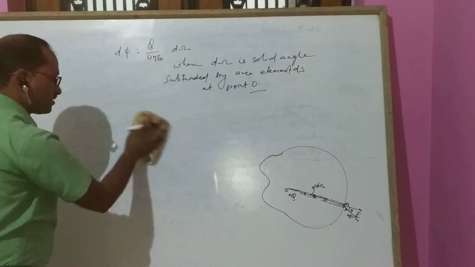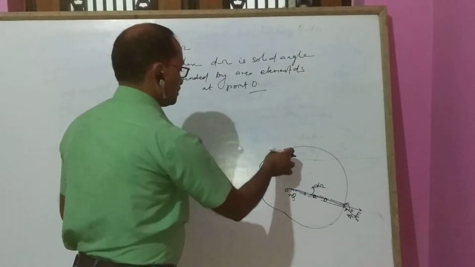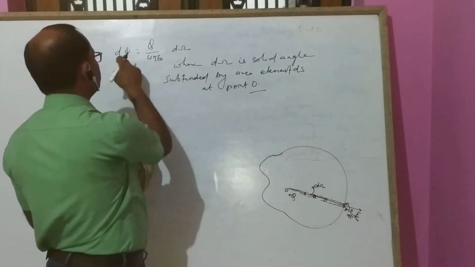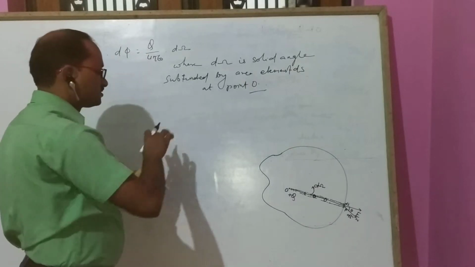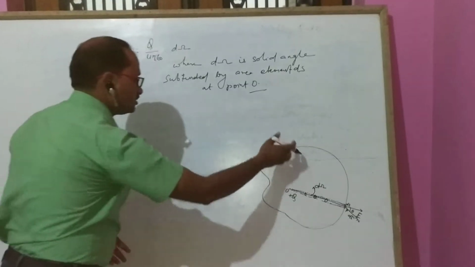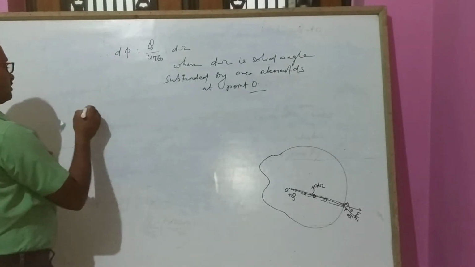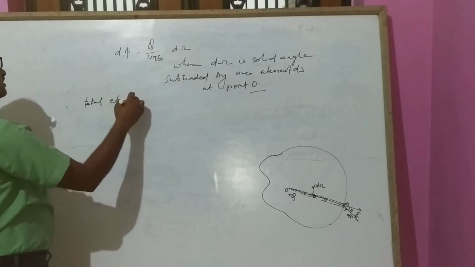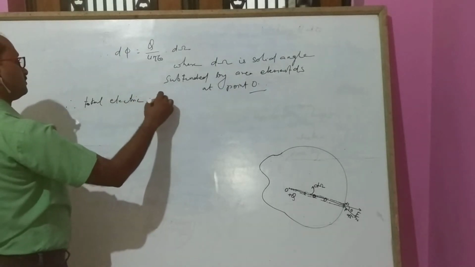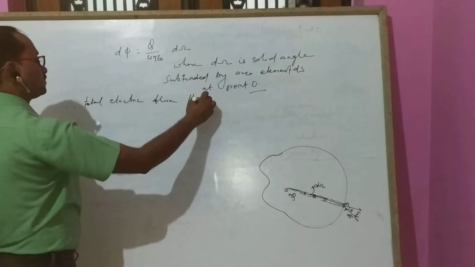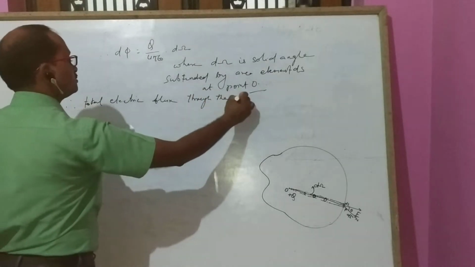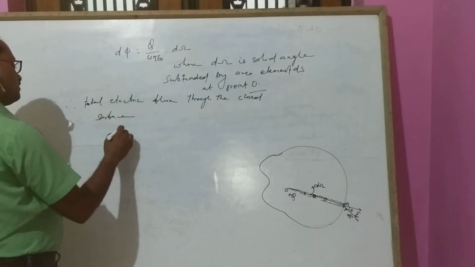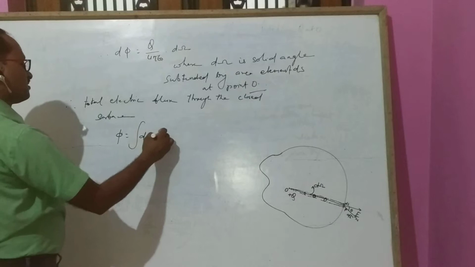To calculate the total flux through this closed surface, I have to integrate this d phi over the surface of the enclosed surface. Therefore, the total electric flux through the closed surface, phi, equals the integration of d phi.